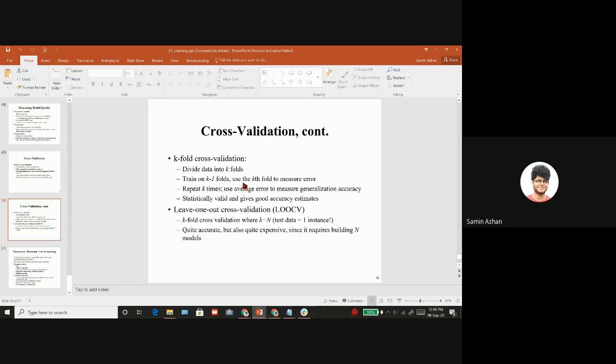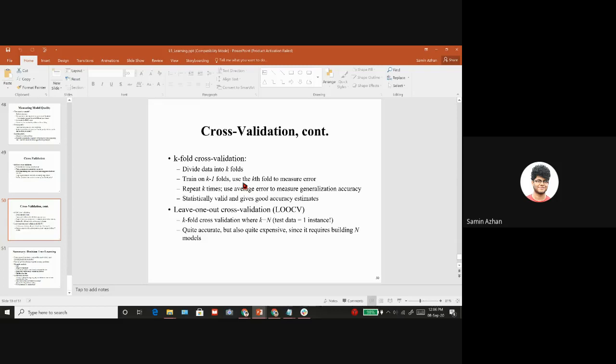So you can use let's say the first 250 for testing and the remaining 750 for training, and the next time it'll be random again. So the next time it can be like the third 250 will be used for testing, and the first, second, and the fourth will be used for training.